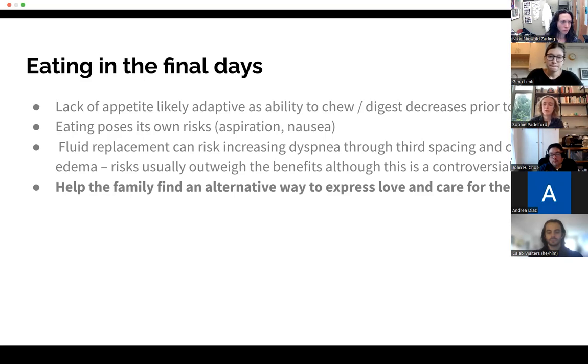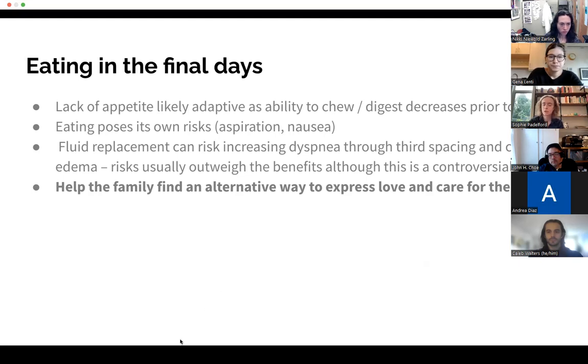If someone's not hungry, a family that's really worried and trying to care for them might be pressing food on this person, and it might actually hasten their death, which is regrettable for the patient and very horrible for the family if they are forcing someone to eat and then the patient aspirates. That's obviously a very bad way for the person to go.